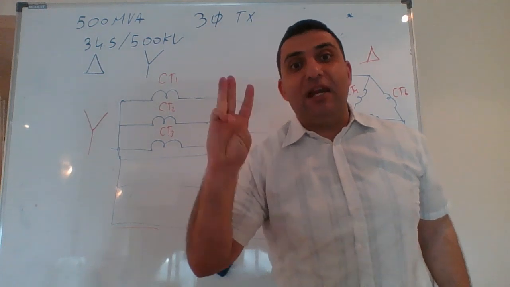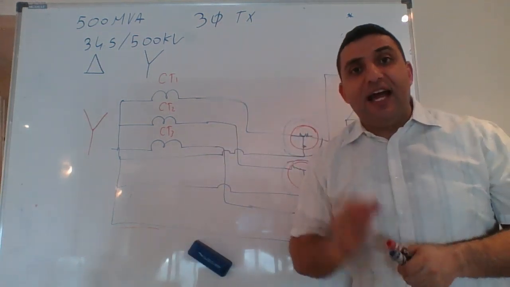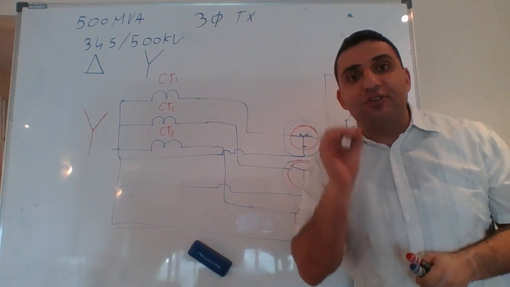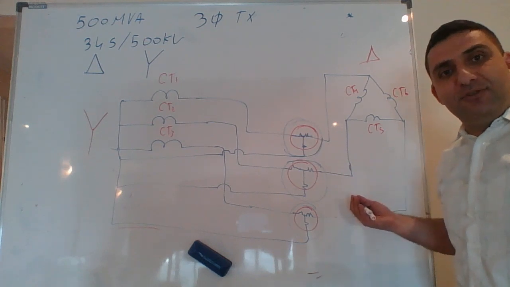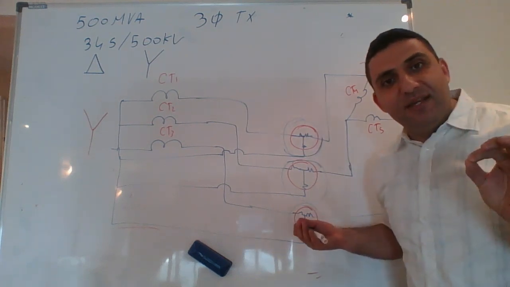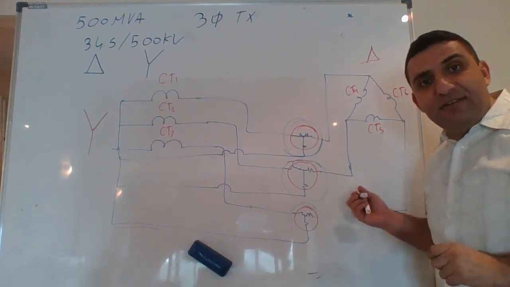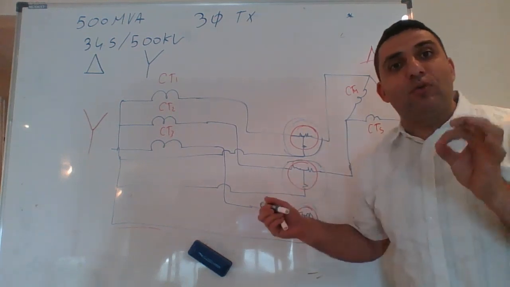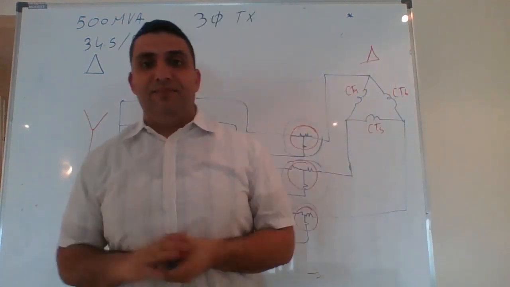The third important element: when I connect the CT into delta, I need to take into consideration the line current and the phase current magnitude. There's a √3 difference, because I need to choose the CT ratio to give me a phase current that reflects the desirable line current. I hope that's clear.